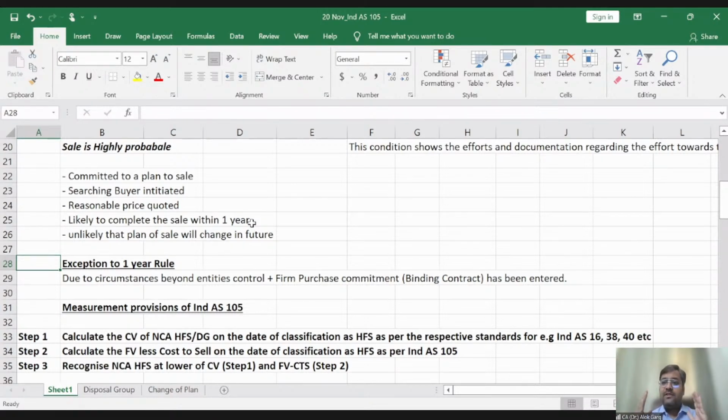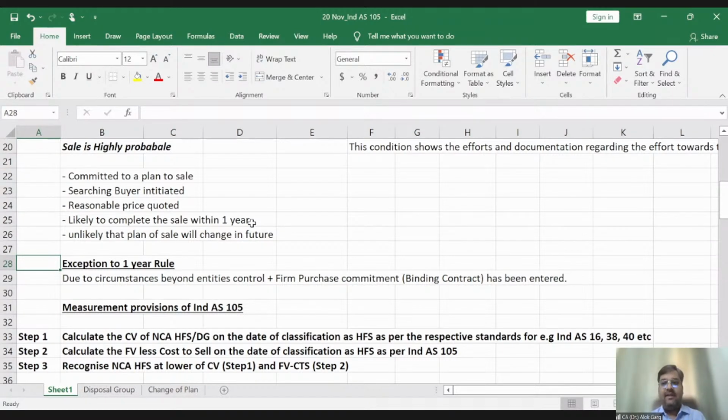These are beyond the entity's control, provided there must be a binding agreement. If a binding agreement is not there, then even with circumstances beyond the entity's control, there is no exception to the 1 year rule.